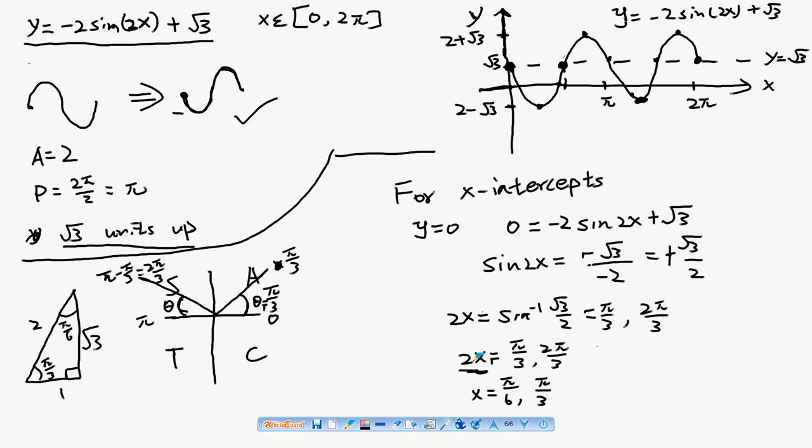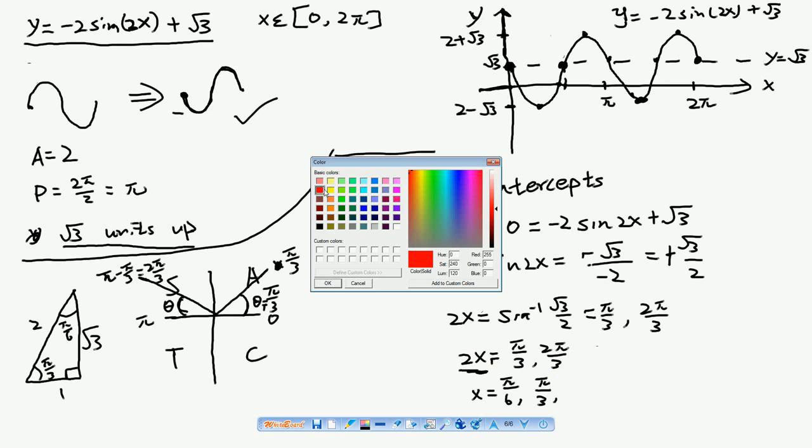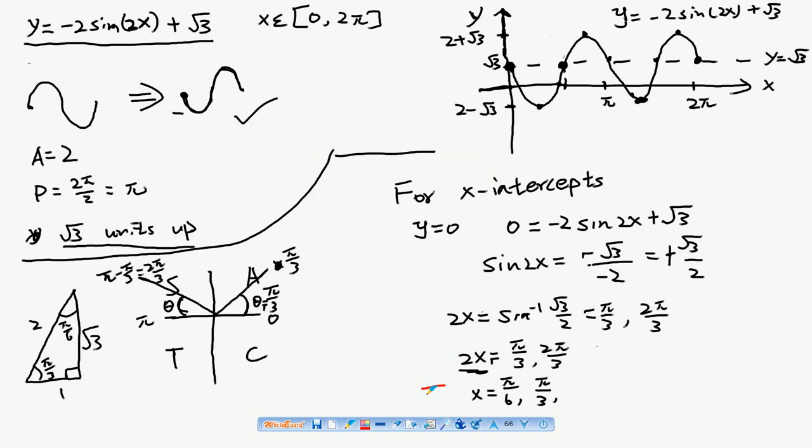This is the value only for one period. It's important to know we only have two answers in one period, because the unit circle is one period.